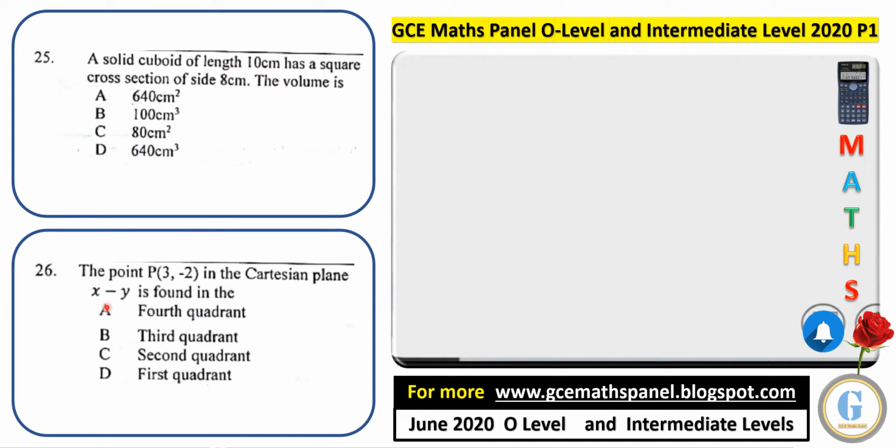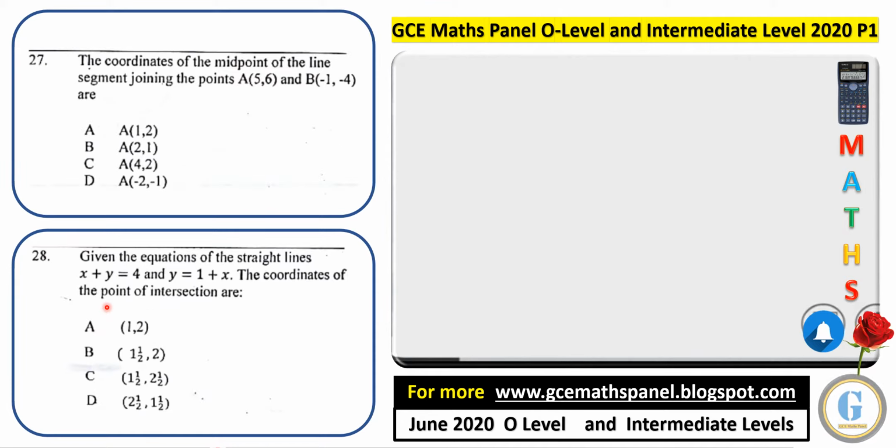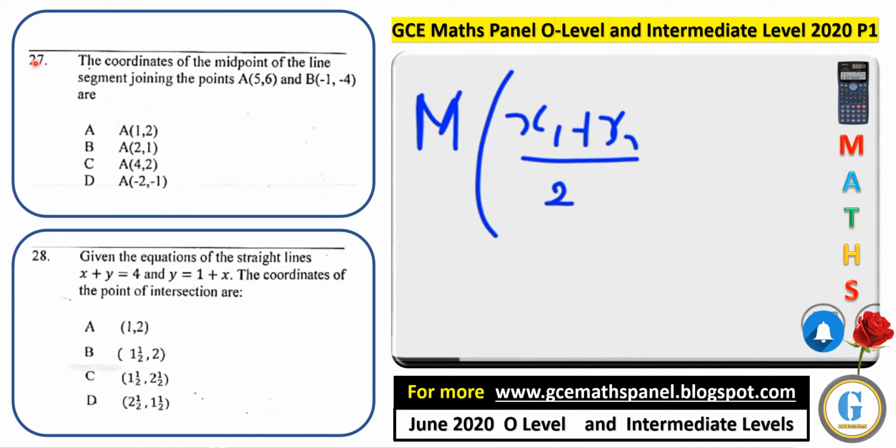Question 27. The coordinates of the midpoint of the line segment joining the points A, 5, 6 and B, minus 1, minus 4 are. Our midpoint is given by the formula x1 plus x2 on 2, comma, y1 plus y2 on 2.